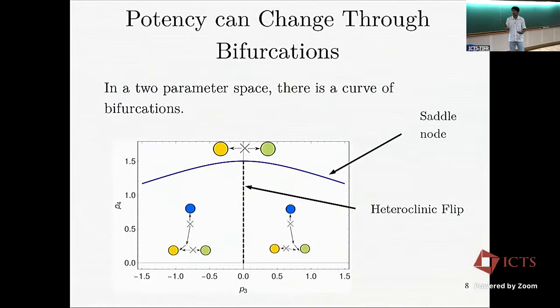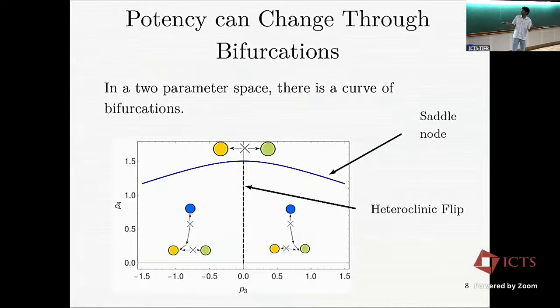Okay, now if you imagine you have two parameters, they'll give you a sort of curve of bifurcations. In this case, I've drawn a line of saddle node bifurcations. I'm keeping it a little abstract here because you could take your equations and change two parameters where you have, let's say, three stable fixed points.